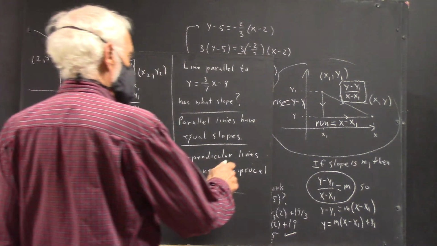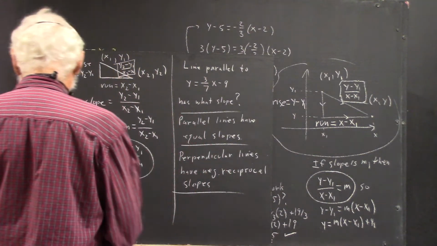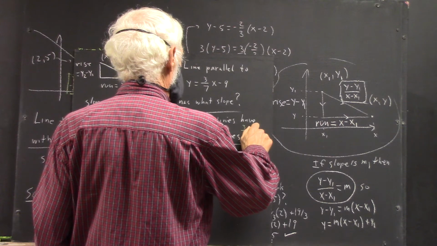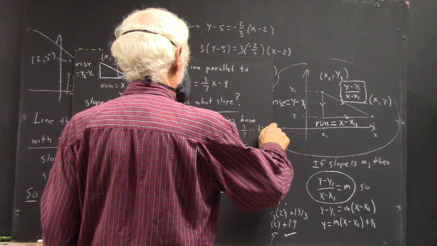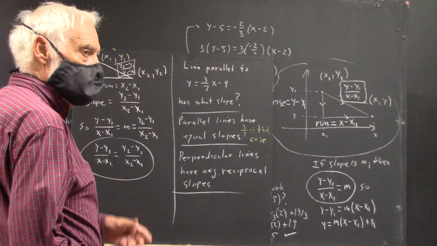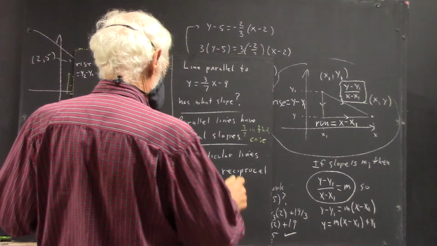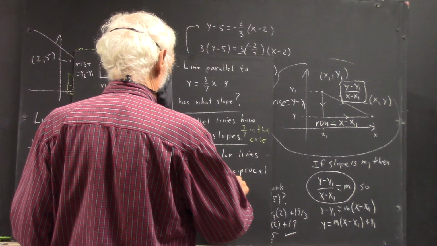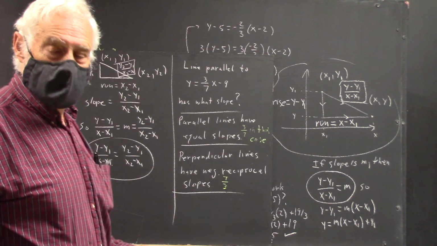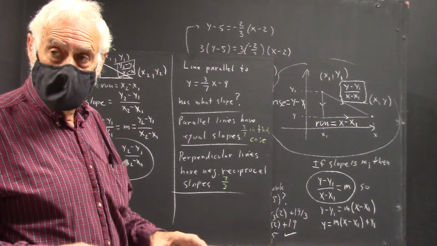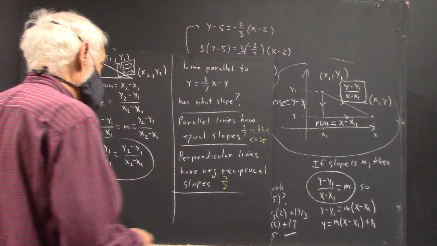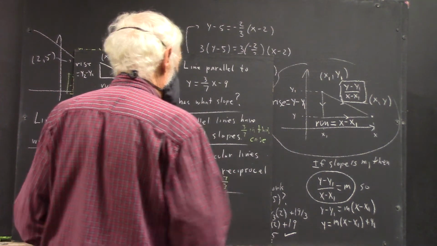Okay, in this case, the negative reciprocal of 3/7 would be what? Well, reciprocal means you flip the fraction. Just like, when you divide fractions, you multiply by the reciprocal of the fraction you're dividing by. And then you change its sign.